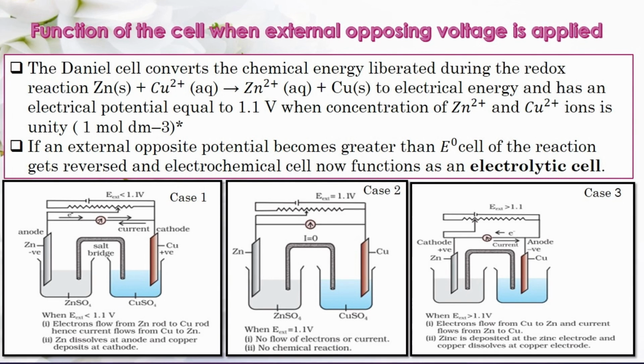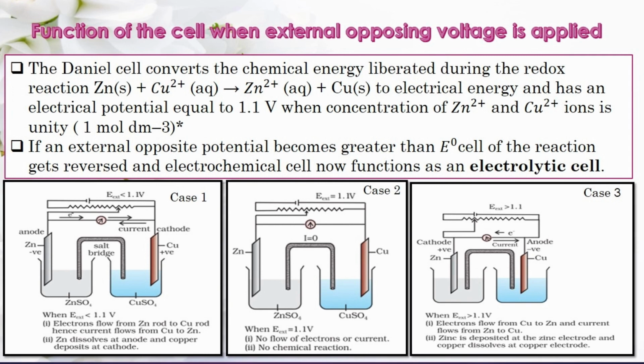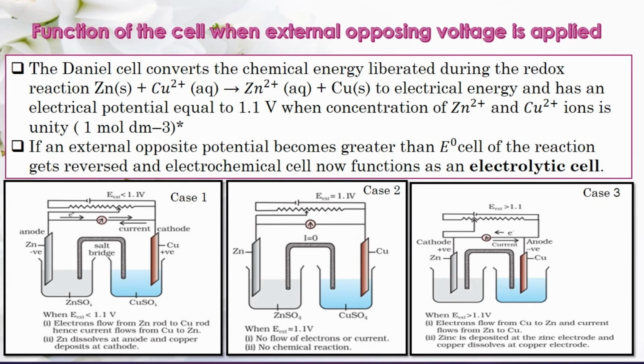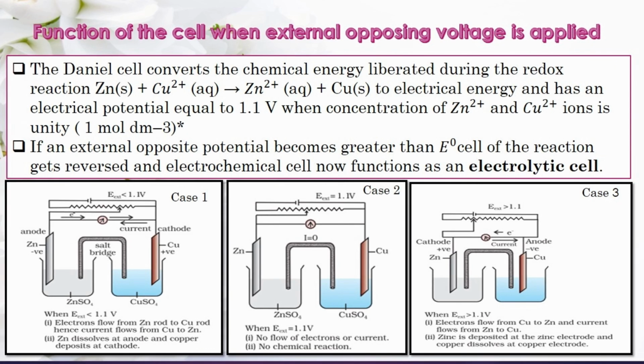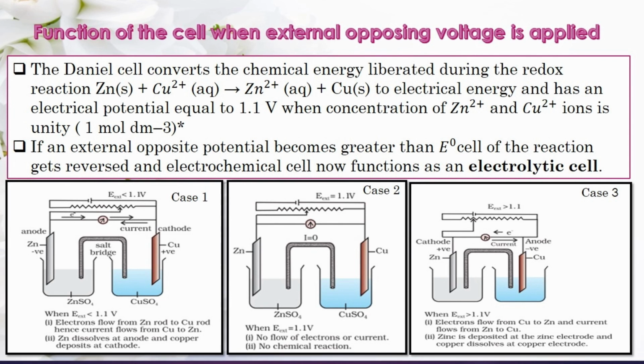As a result, electrons will flow from the copper rod to the zinc rod and the current will flow from the zinc rod to the copper rod. The chemical reaction taking place is that zinc will be deposited at the zinc electrode and the copper rod will start dissolving.